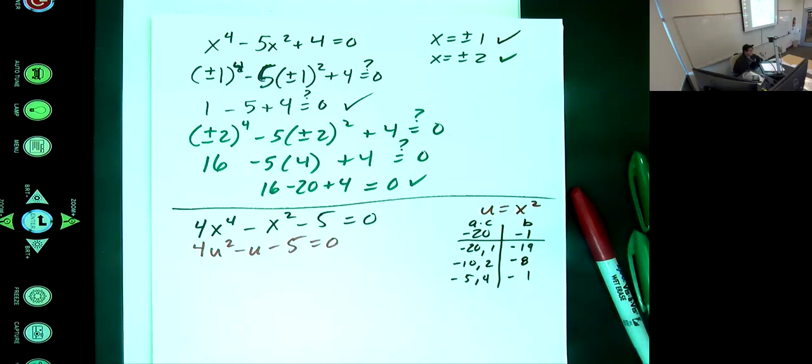Or you do a table with the factoring approach and you get it much quicker.